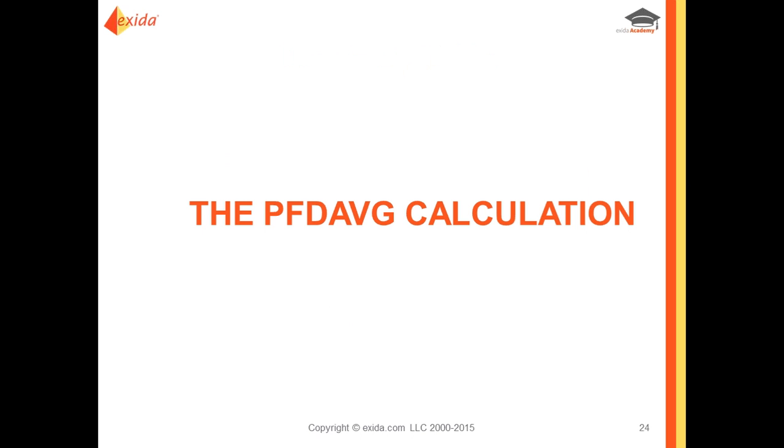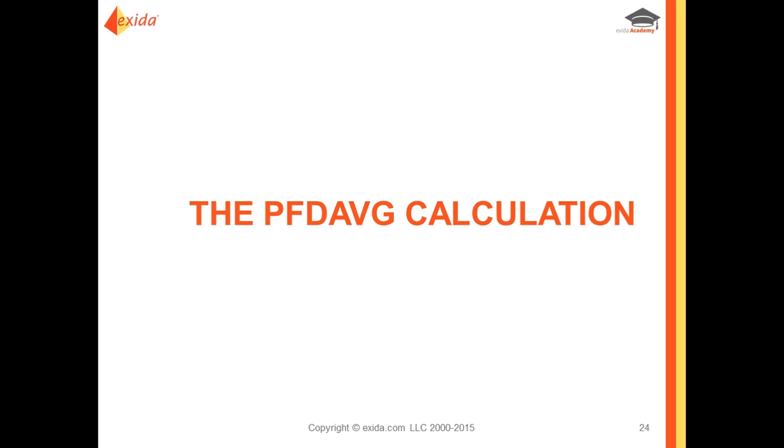But now, because the safe failure fraction is found differently, you might be less than 60%. So you could only be a SIL 1 with a hardware fault tolerance of 0. Or if you go to a hardware fault tolerance of 1, you could meet SIL 2.